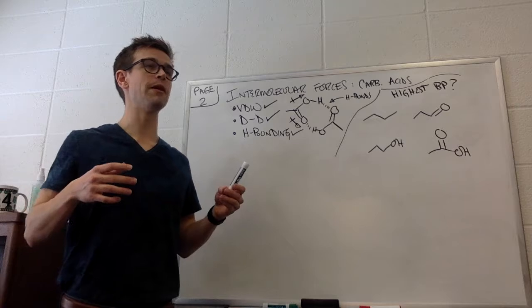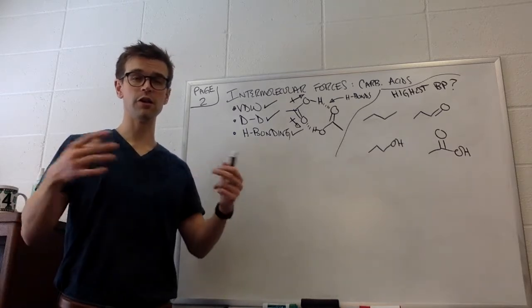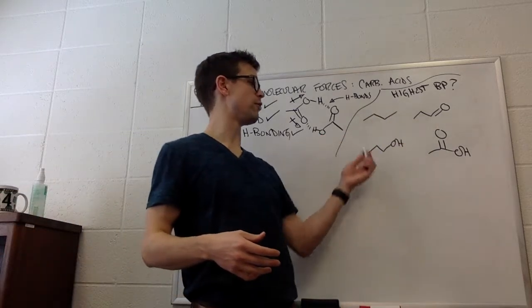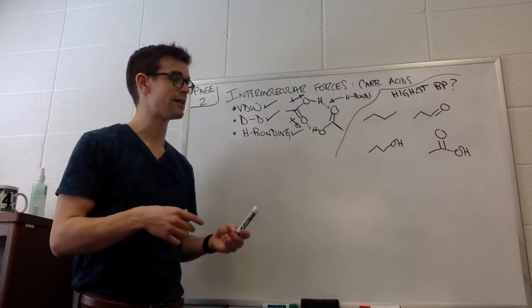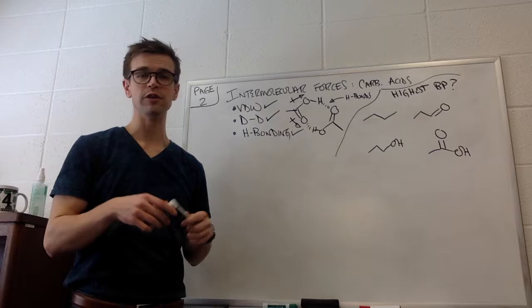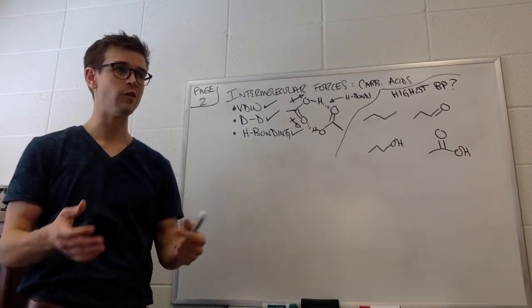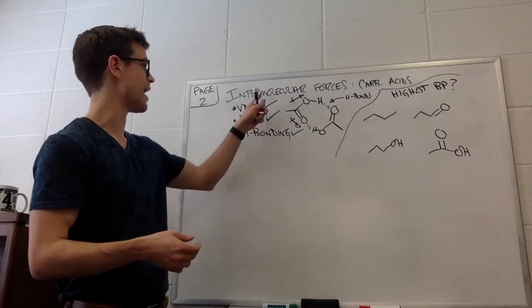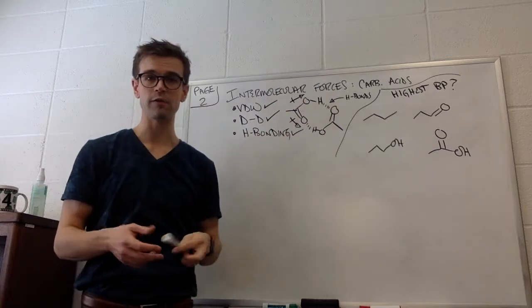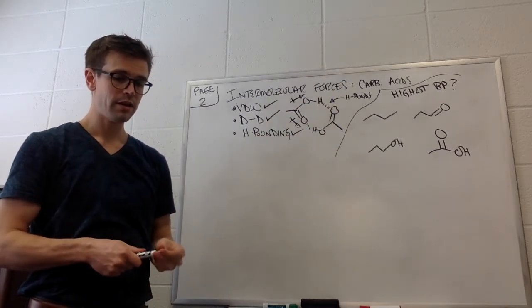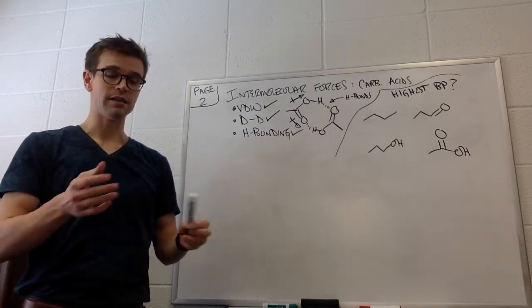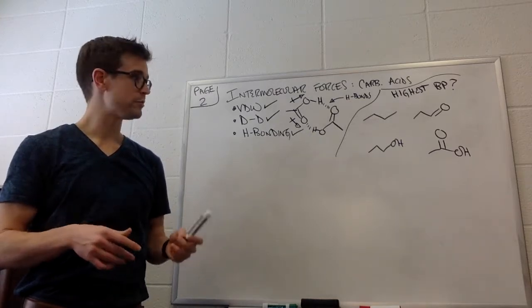So compounds usually have more intermolecular forces the larger they are, but all of these 4 molecules are around the same size. So which of these would you expect to have the highest boiling point? And if you expect it to have the highest boiling point, that means that you also expect that it has the highest amount of intermolecular forces. So go ahead and pause again and select which would have the highest and lowest boiling point.